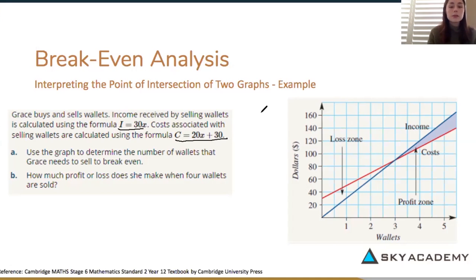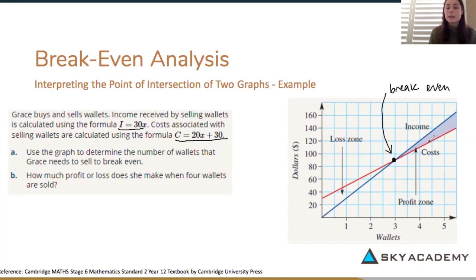We know where our break-even point is. The break-even point is where the 2 lines meet, or the point of intersection. So this here is going to be the break-even point. If we have a look at our 2 lines, the red line is the cost and the blue line is the income.